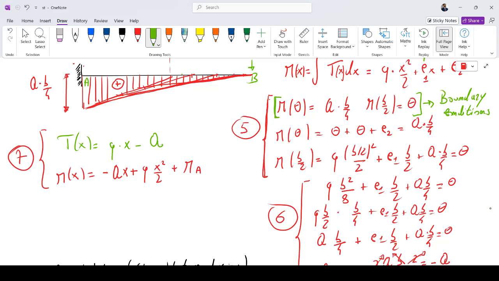So if we make some calculus, we obtain C2 equal to Q times B over 4, as we expected. So C2 is equal to MA.